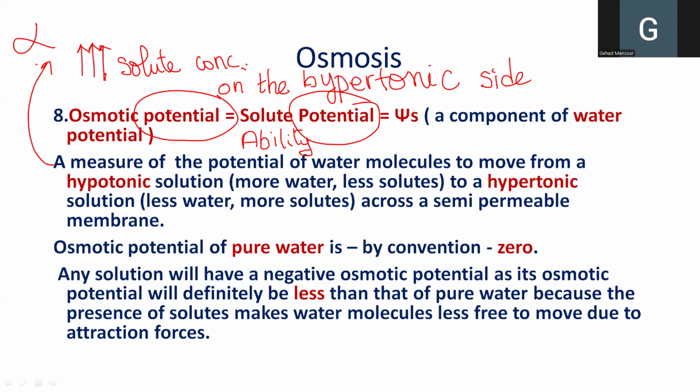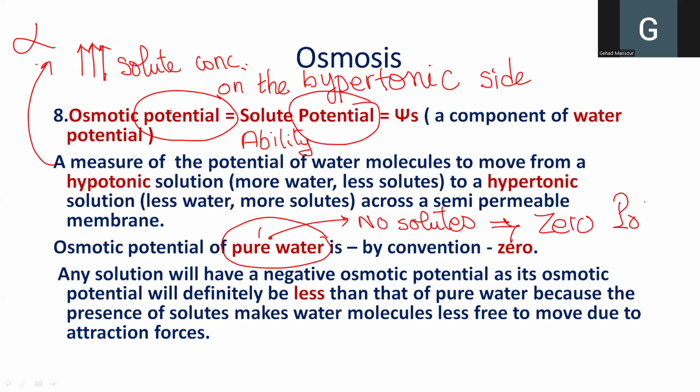If you have pure water, of course, pure water does not contain any solid particles. Therefore, its solute potential is zero because it has no solutes. Pure water has no solutes, so it sounds logical that it will have zero solute potential, and therefore a zero osmotic potential.